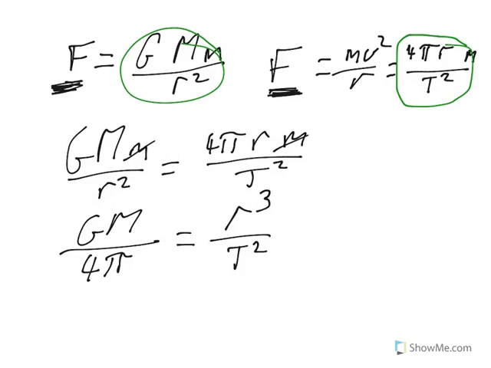Alright, so I said originally that was constant, and so here's actually what it depends upon. So it depends on the universal gravitational constant, 4 pi squared, all those things are constants, but here's the big thing here, the mass of that central body.